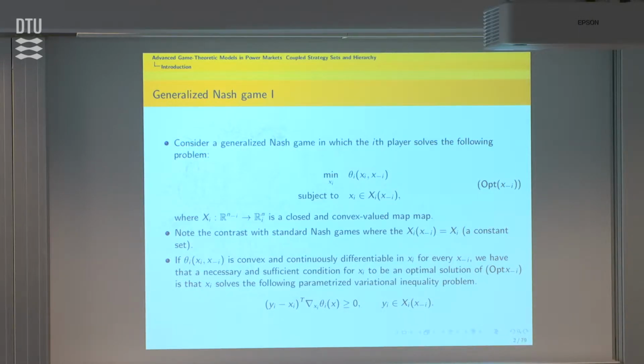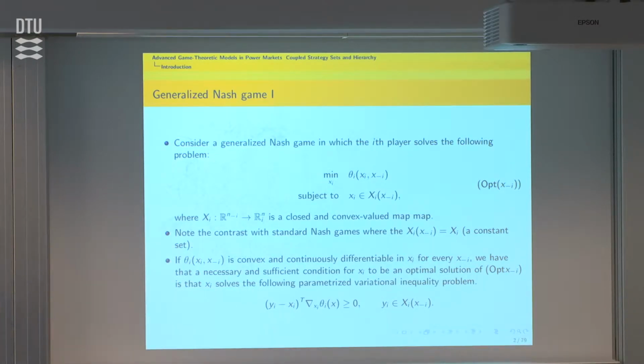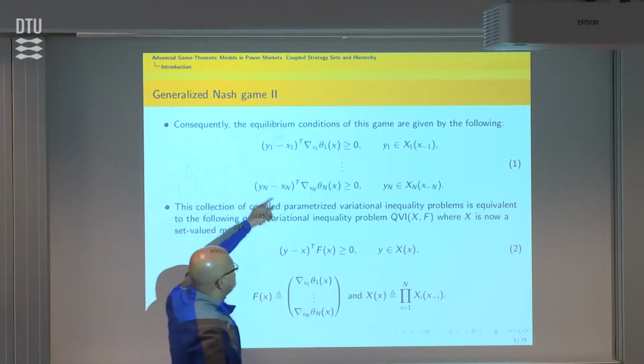Okay, so having said that, when you write down the equilibrium conditions for all of the agents and bring them together, what you're left with is that set of variational inequalities.